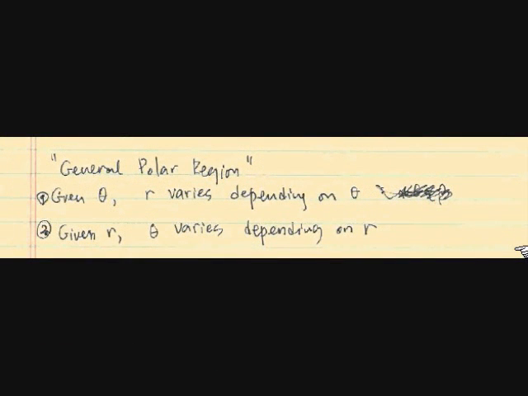Okay, next example, I can make up a name: it's a general polar region. It's not polar rectangles. It's a general polar region. We will encounter two situations, and you can even make it more complicated. The standard situation is that given theta, r varies depending on theta.